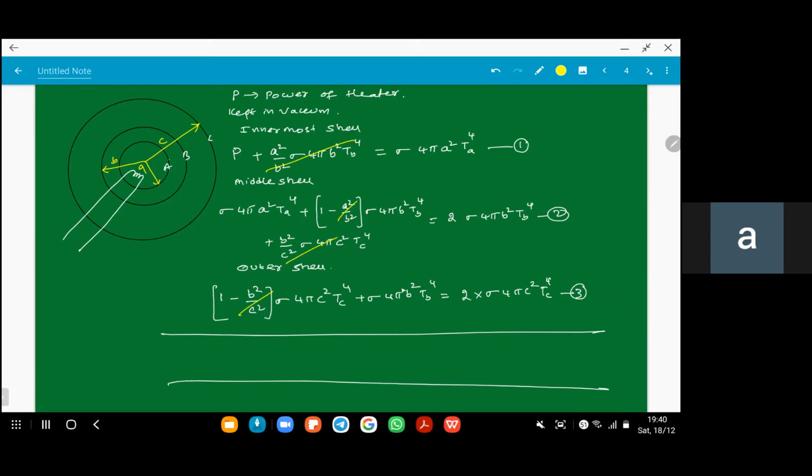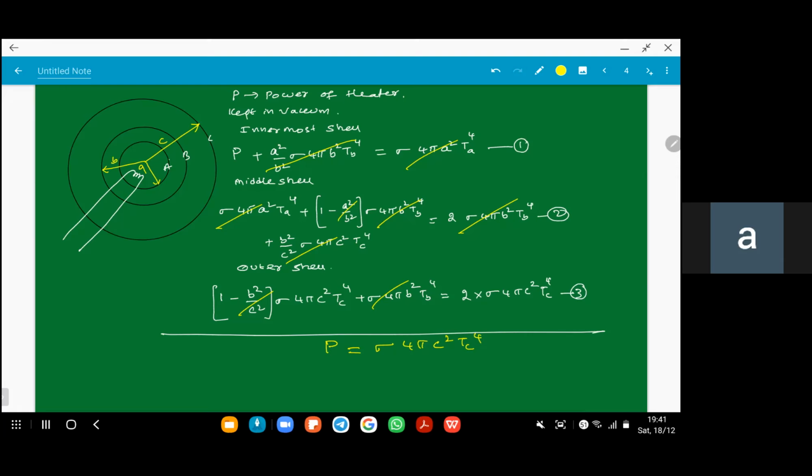Similarly, see, this part will get cancelled over here. Similarly, this part gets cancelled over here. After all such cancellation, finally, you will have P is equal to sigma 4 pi C square TC power 4.